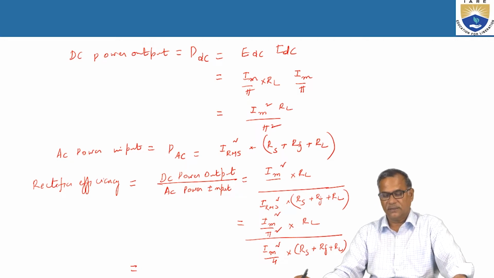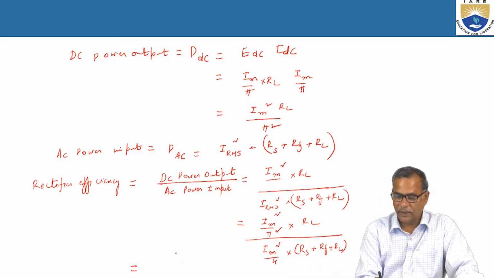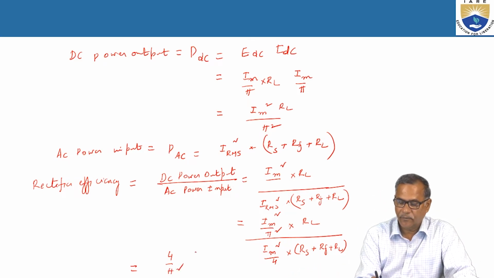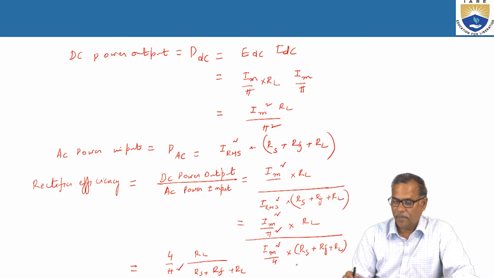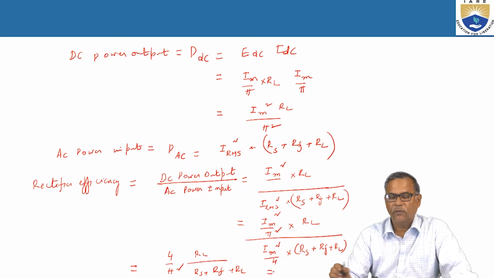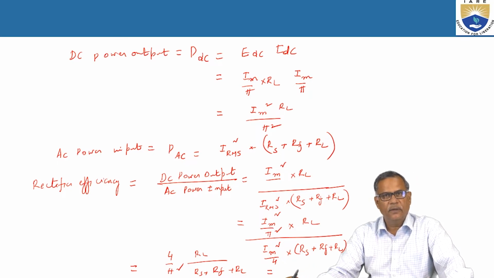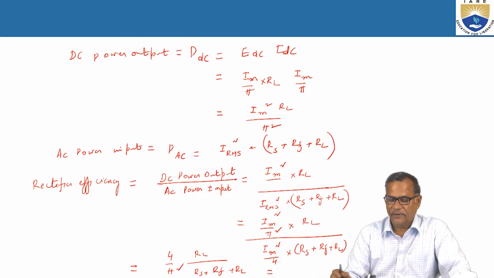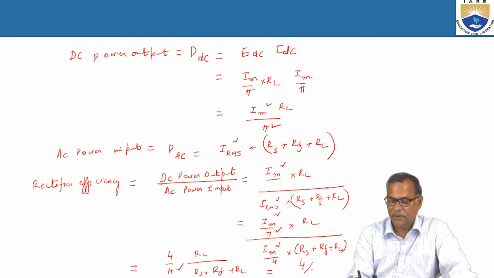So we get this as 4 by pi square into RL by RS plus RF plus RL. So neglecting the diode forward resistance and the transformer secondary winding resistance, we get the rectifier efficiency as 4 by pi square.